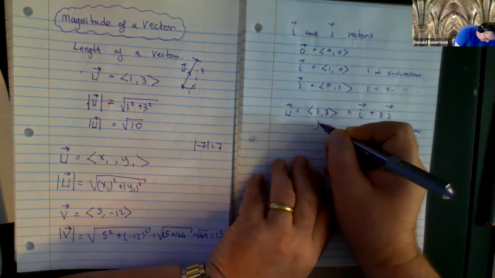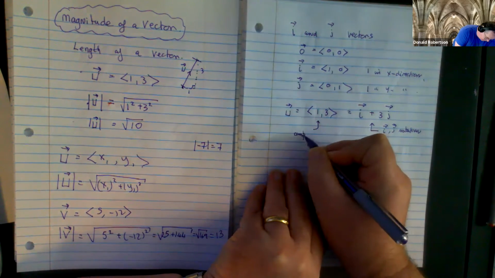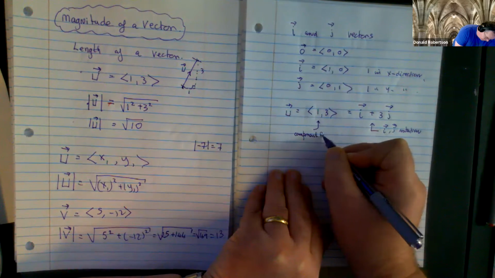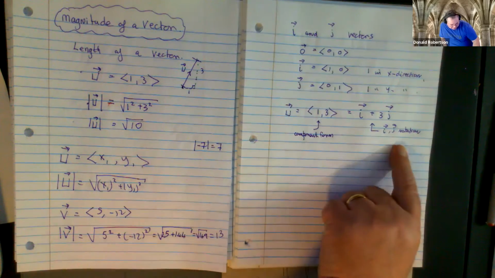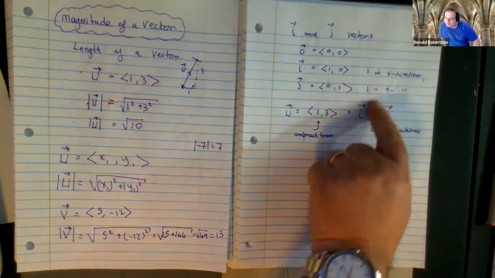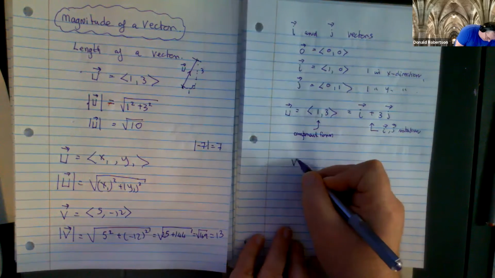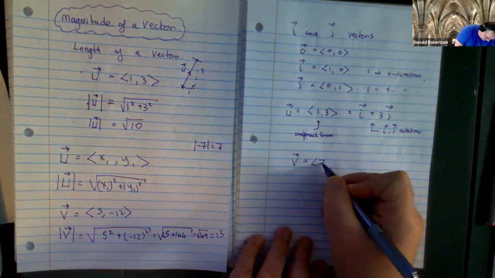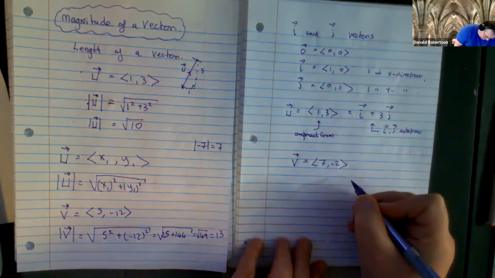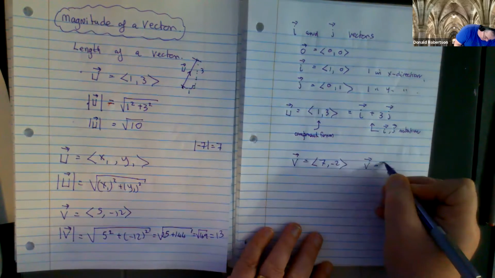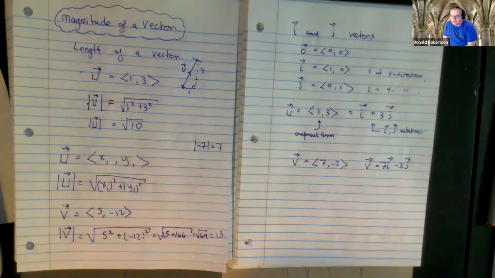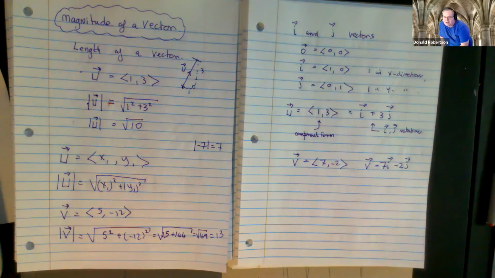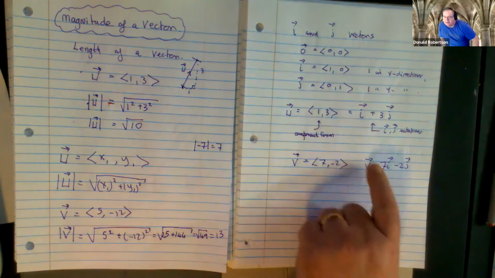And when you write it like this, it's said to be in its component form. So in some questions, the vectors are written like this, and other times the vector is written like that. So, for instance, here's a vector v. I could also write it down as 7i take away 2j. Would you agree that they're totally equivalent? They tell you the same stuff, right? Me personally, I like this notation better than that one.